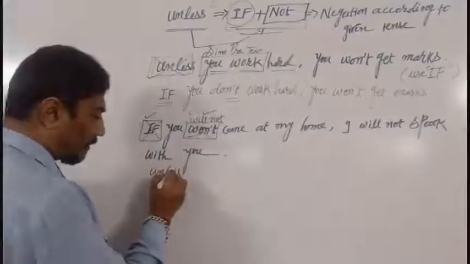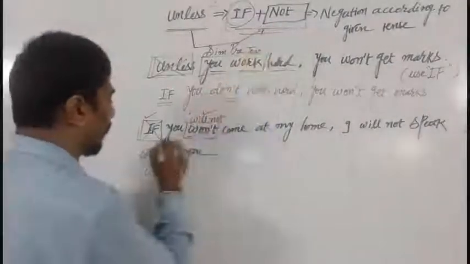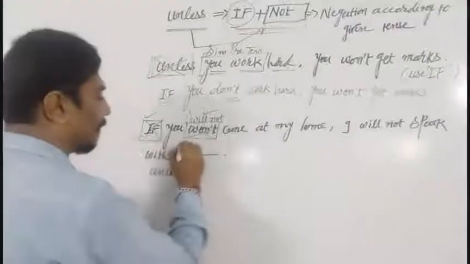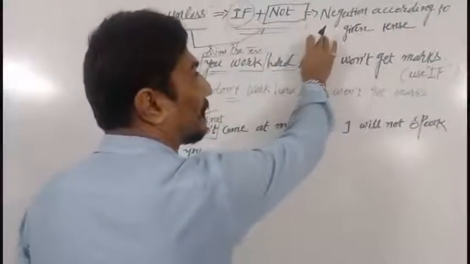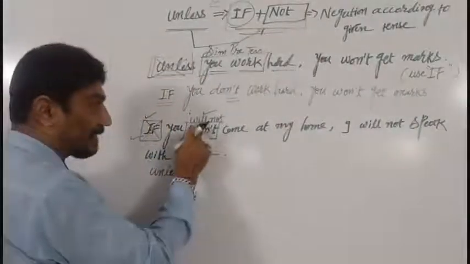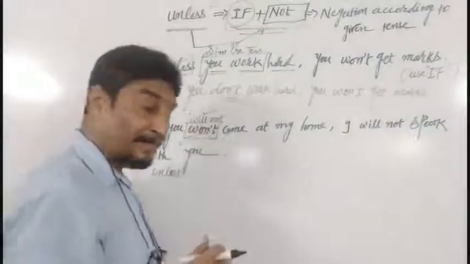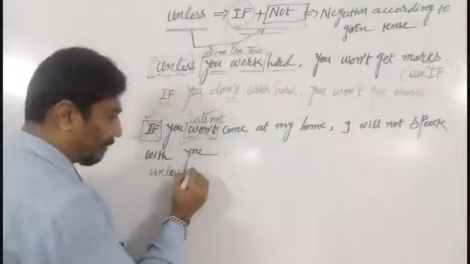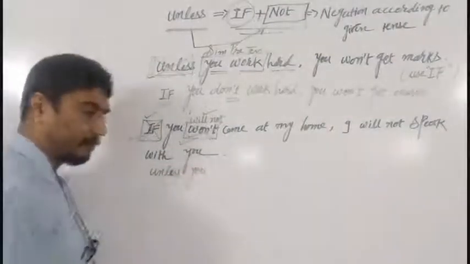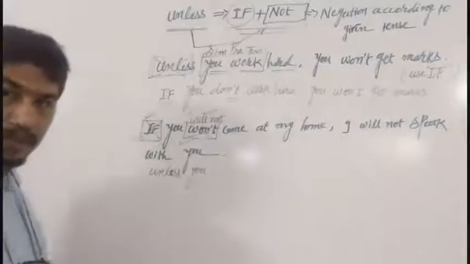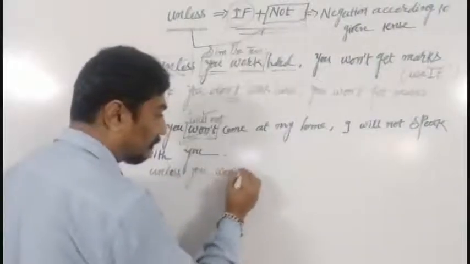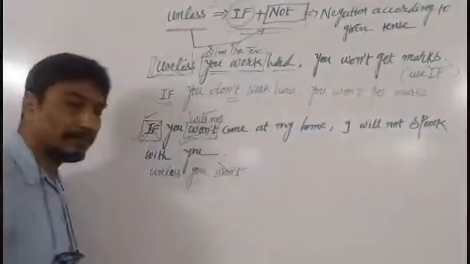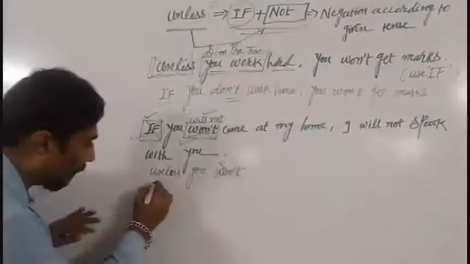Why is it so? Because unless is equal to if not. If is given, not is also given, and the negation should always be according to the given tense. The given tense is simple future tense. So unless you, then afterwards if you write want, it is wrong. Why is it so?